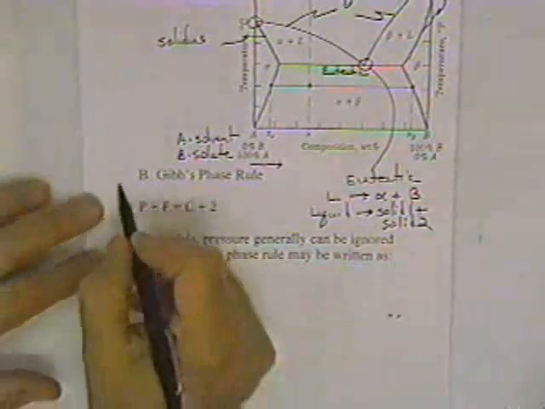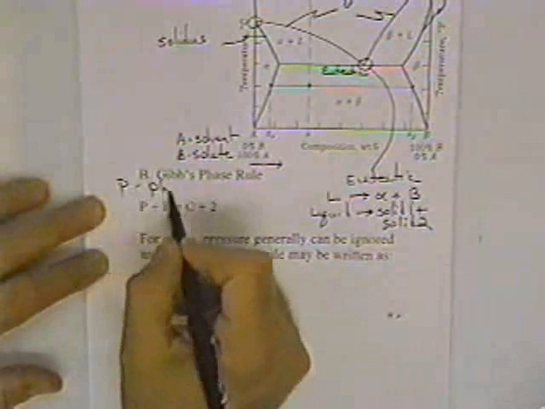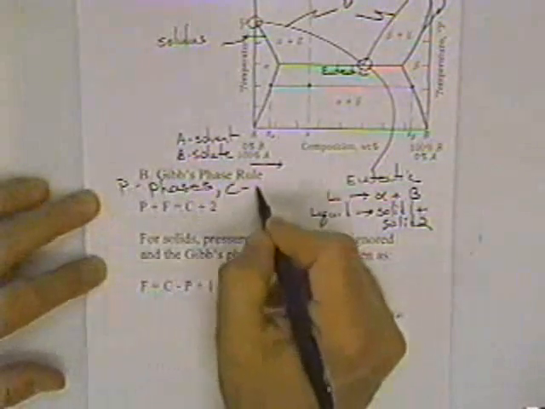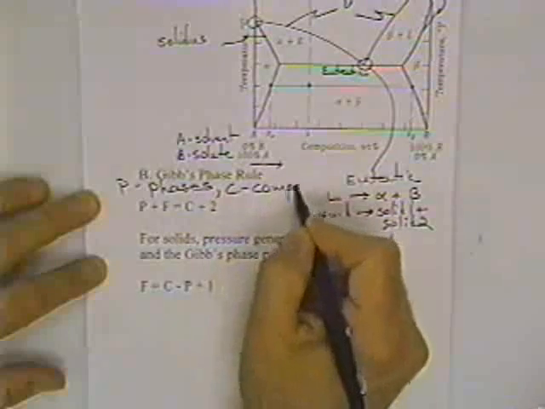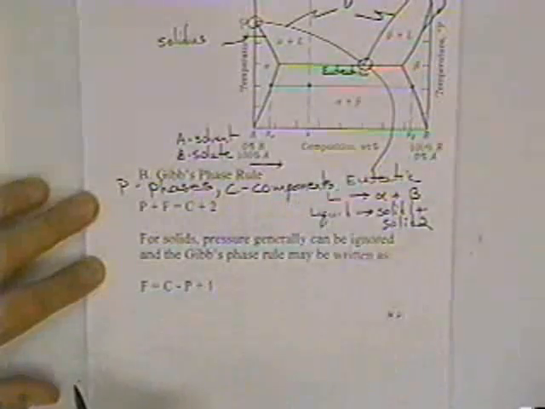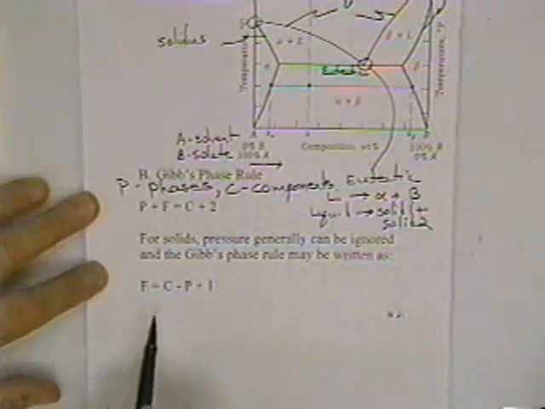And for solids, pressure can generally be ignored, and the Gibbs phase rule can be written as the degrees of freedom is equal to the components minus the phases plus 1. So P is the phases, C are the components. That's usually the minimum number of elements that are required to specify the system.